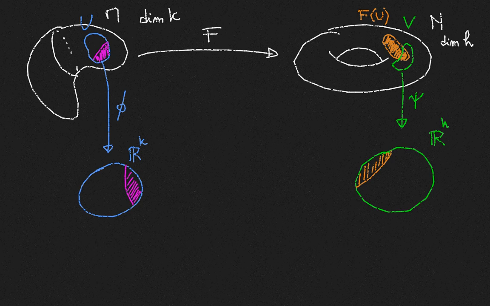We can look at the pre-image of the intersection, we get another intersection, so in the end, the pink, purple, whatever set goes to the orange set inside of V.